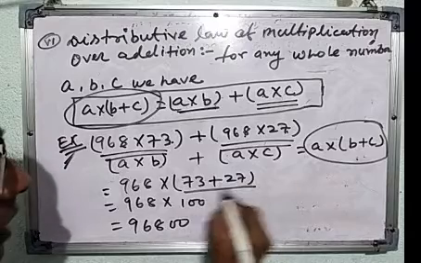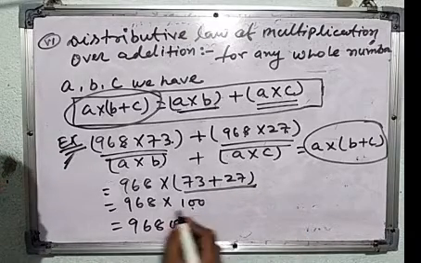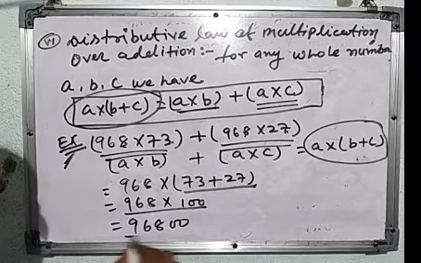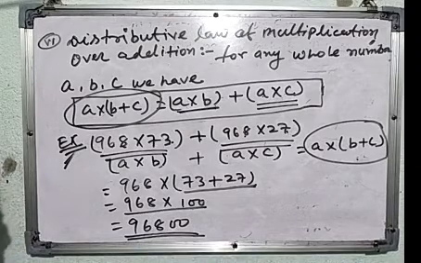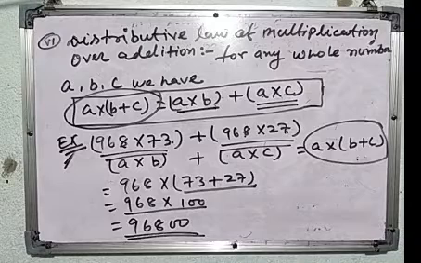So first you add these two numbers, we get 100, and if you multiply, your product is obtained 96,800. This question is solved by distributive law.